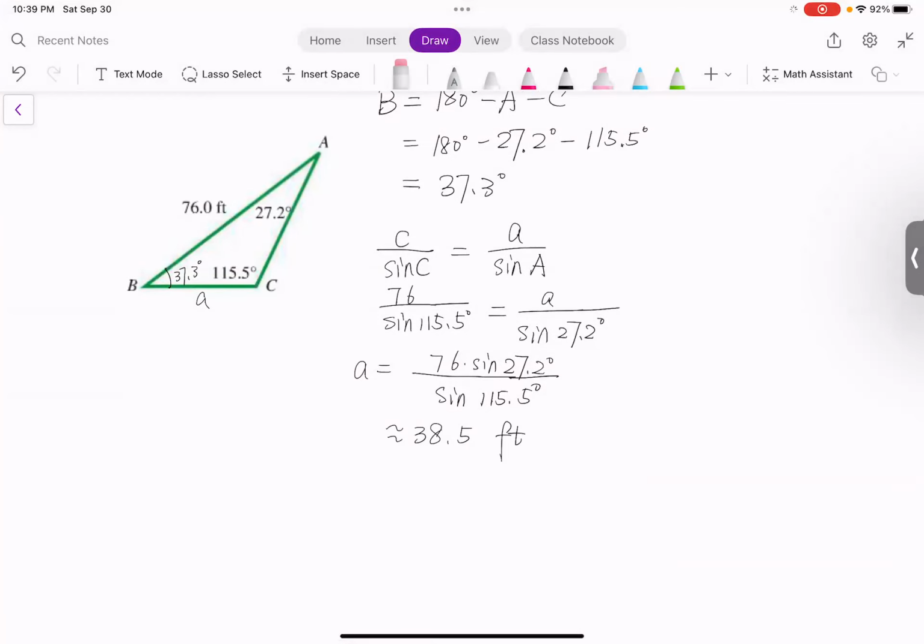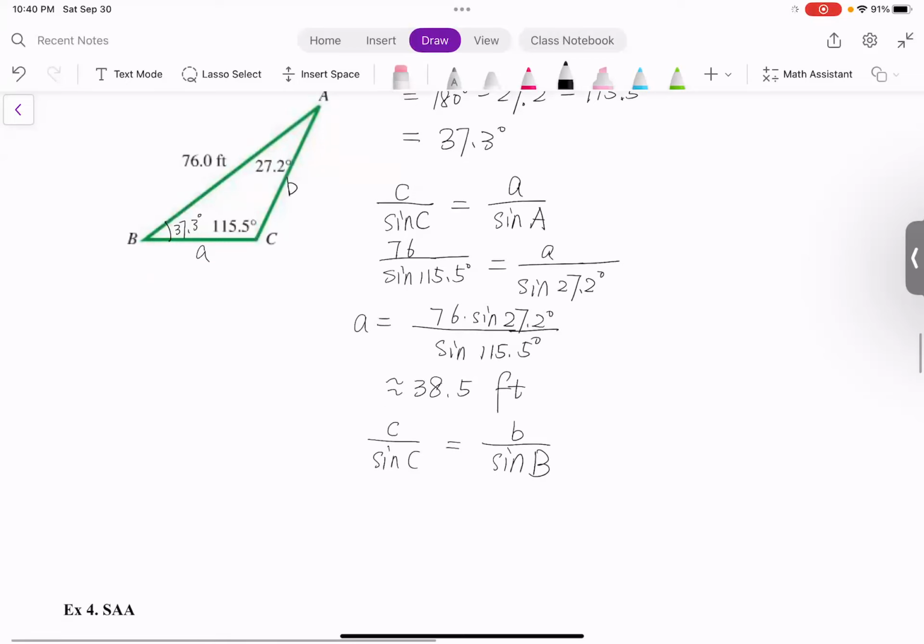And how about the missing information B? I need to find the B, lowercase b. So we know that c over sine C equals b over sine B. I always use the c in my equation to find the A, find the B, because c is given, it is an accurate value. It's not like the A I have found, which is an approximate value.